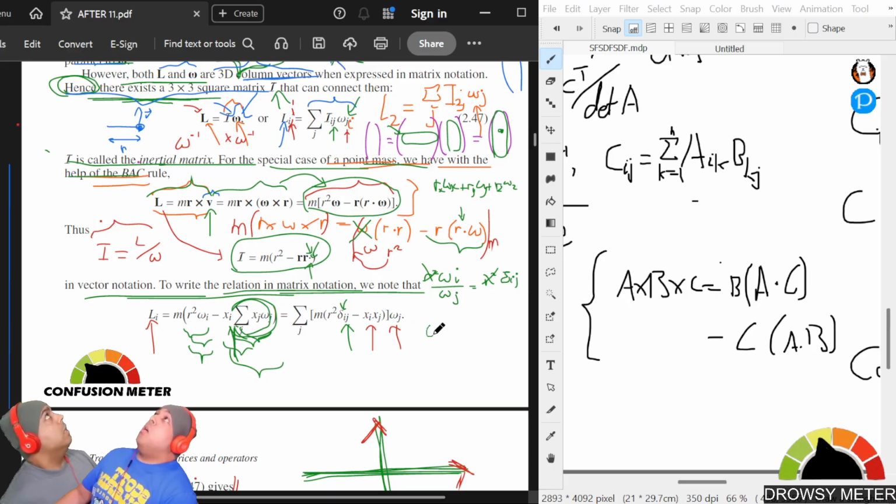Alternatively, they're saying omega_j multiplied by Kronecker delta ij equals omega_i. If i is equal to j, then this is 1, and this is omega_i equals omega_i, which would make sense.